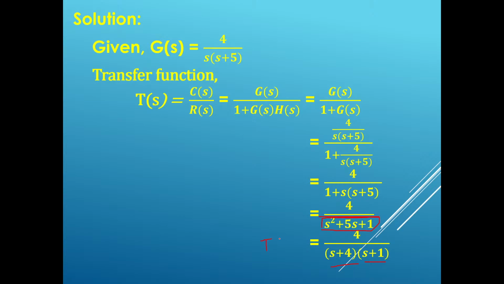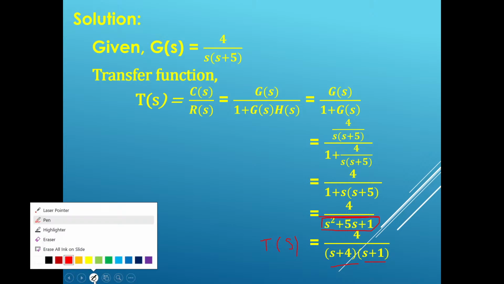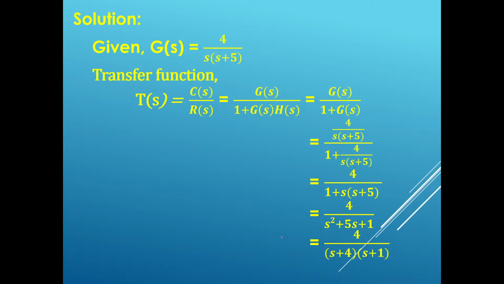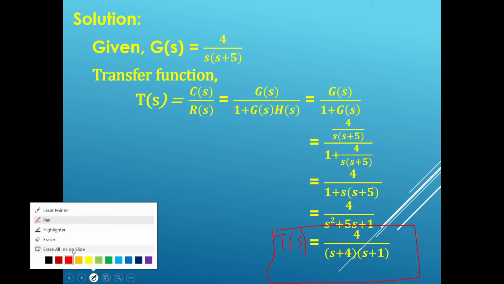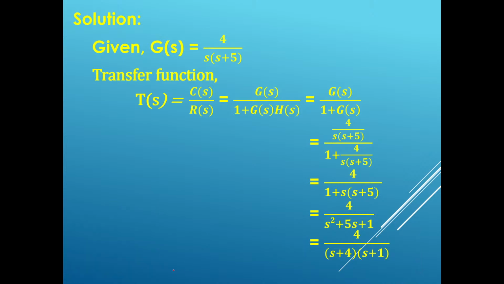Transfer function T of S is equal to 4 divided by S plus 4 into S plus 1. It's simple. If you have the minimum knowledge of mathematical simplification, you can determine the transfer function. Otherwise, it will be difficult for you to simplify the expressions.